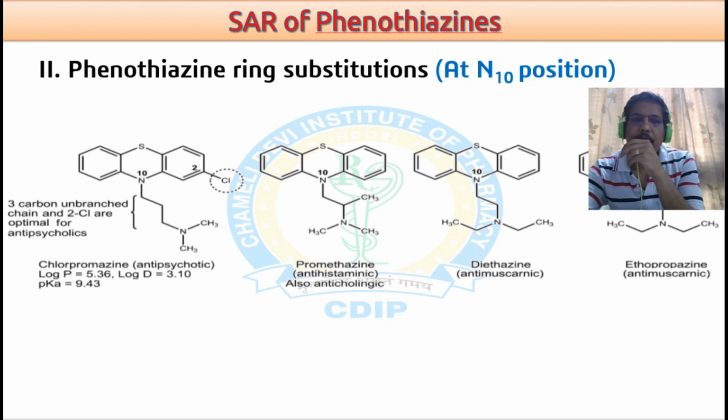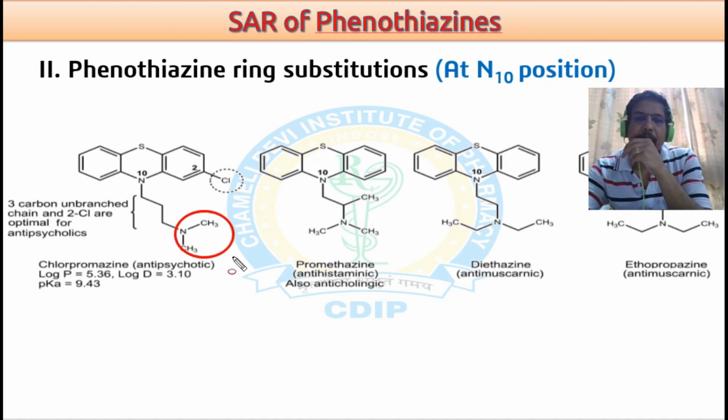If you look for the different substitutions on the gamma amino group, and how they affect the activity: if there is only the dimethylamino on the gamma position, then the compound has good antipsychotic activity.